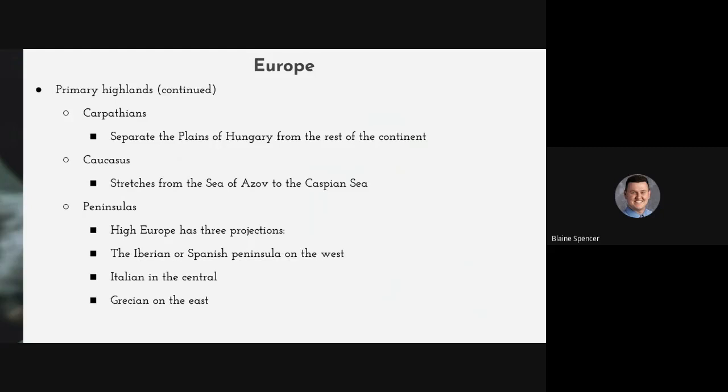Italy is the central peninsula, which is in the central part of Europe, and then the Grecian or Greece peninsula is to the east. Okay, so that's High Europe. Low Europe is north, because it's lower. It doesn't have as much elevation, and it's extremely flat. Okay, so those are the peninsulas of the primary highlands, that region that we're talking about.